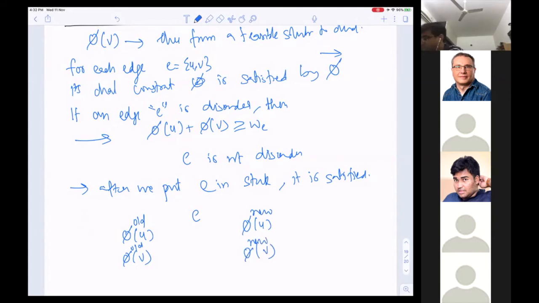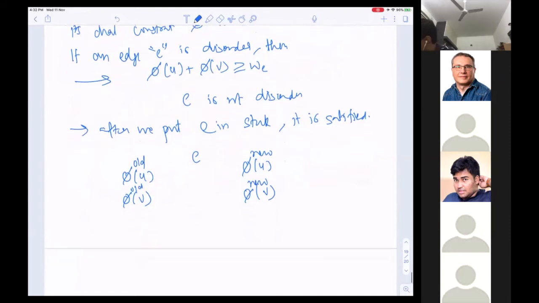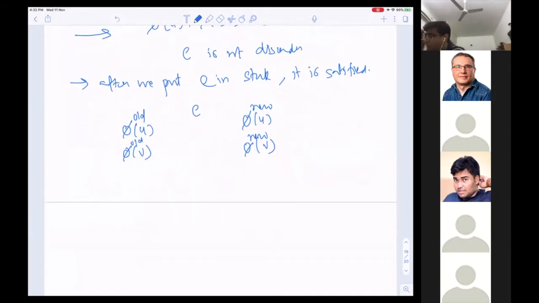We added something, right? So if you recall, W tilde of E is nothing but weight of E minus phi U old plus phi V old.